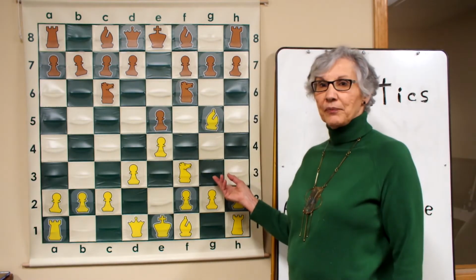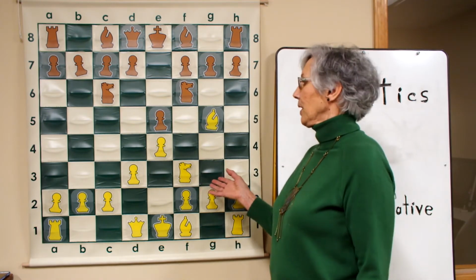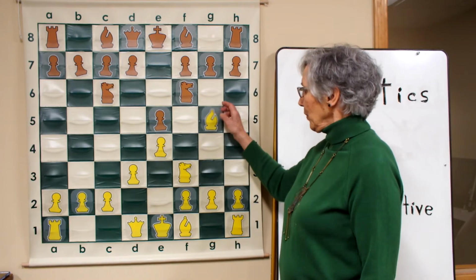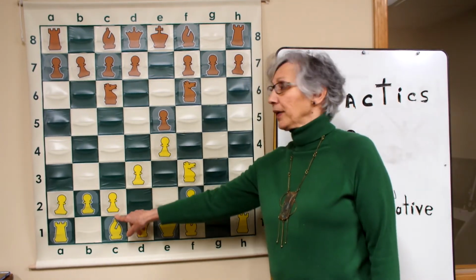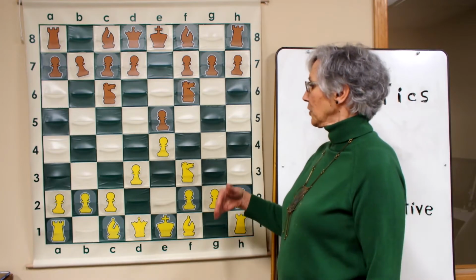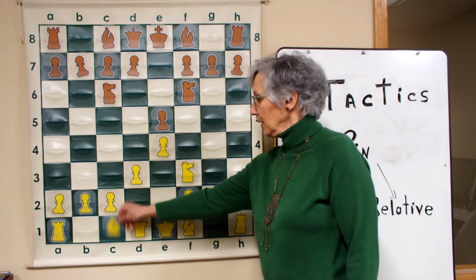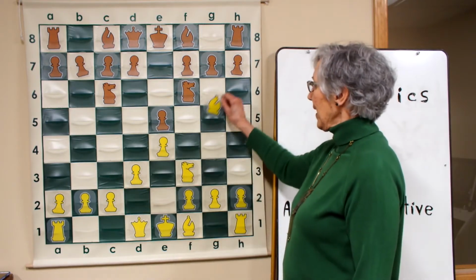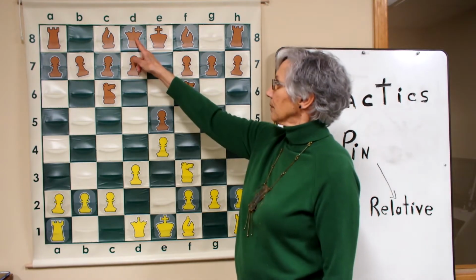What we have here is your general opening in a chess game. And I'm going to move my bishop back to this point so that I can show you that the bishop is going to move and pin the knight to the queen.